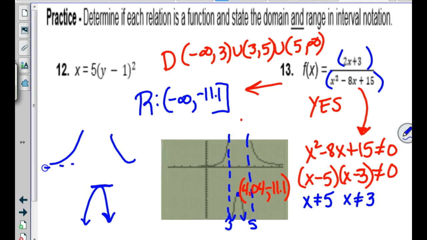Where did it start up again? Can you tell where there was values again? Above the x-axis, right? How do we say that? Yeah, 0 to infinity, because it's got arrows here going up.